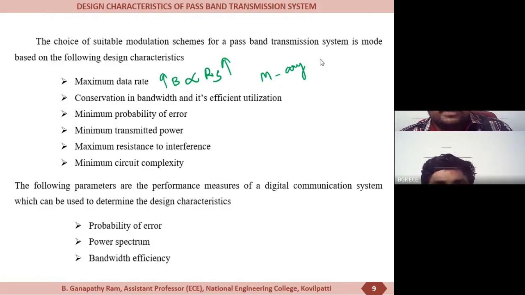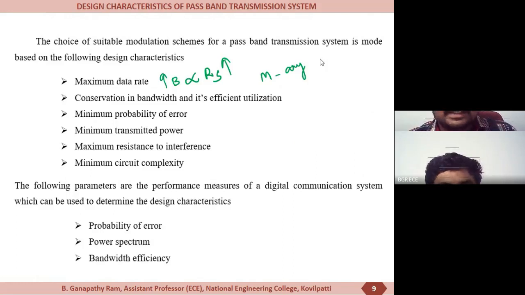But this cannot happen, because due to the presence of additive white Gaussian noise in the receiver system, as well as channel impacts such as intersymbol interference and other attenuation effects, there may be erroneous bits in the transmitted information. That will degrade the quality of the signal. So generally, the probability of error should be as minimum as possible.